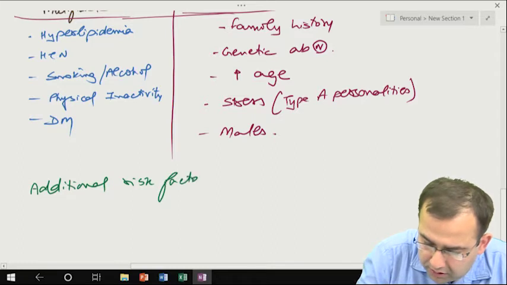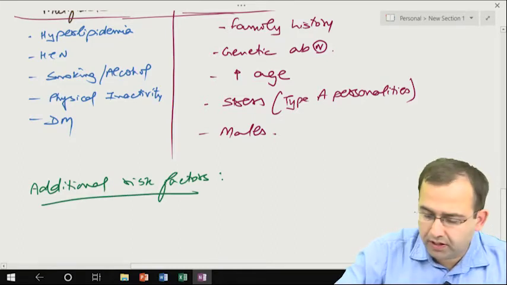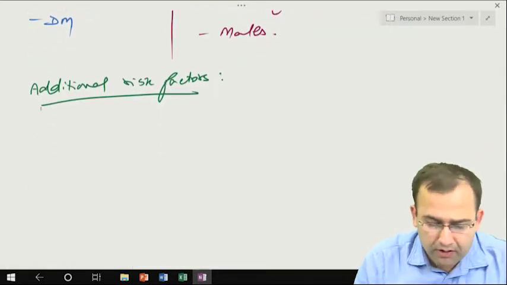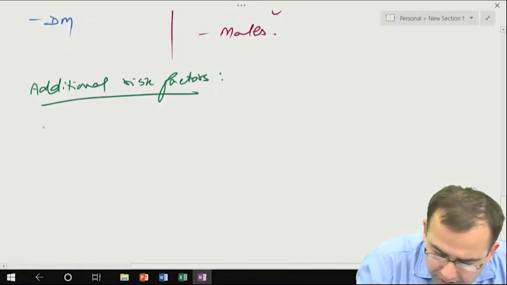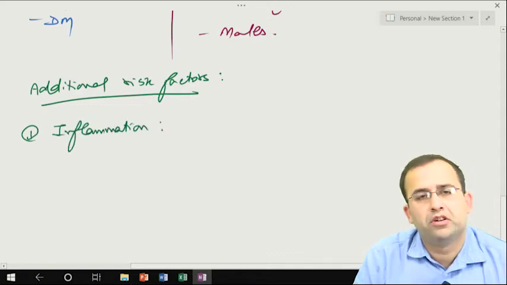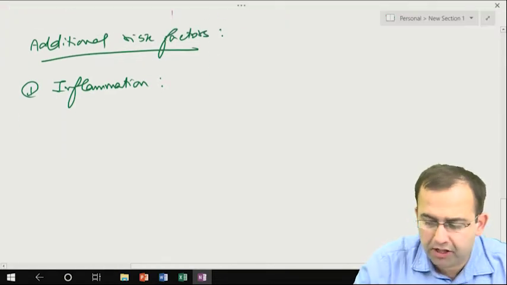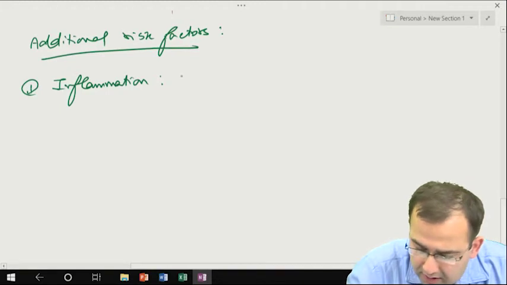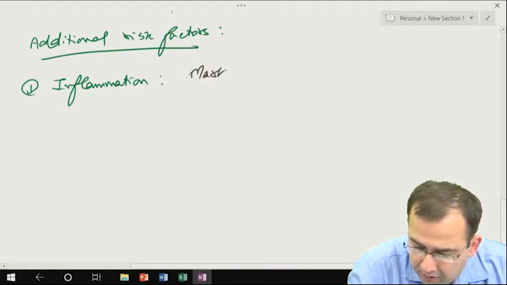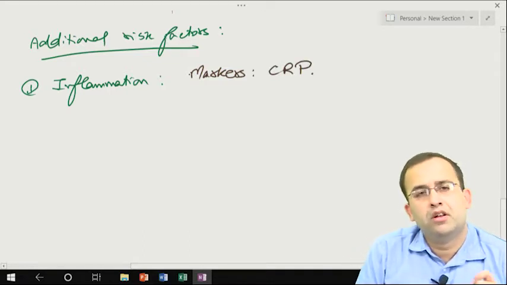For atherosclerosis, this is what is asked from third year onwards. Additional risk factors, starting with the first one, that is inflammation. One of the main inflammatory markers is CRP, C-reactive protein.